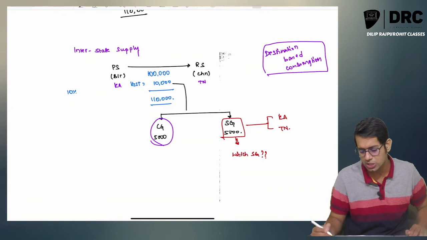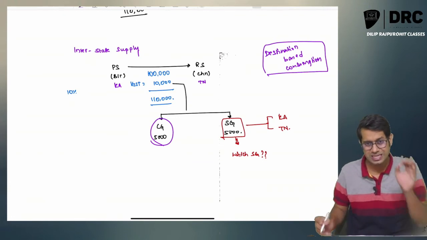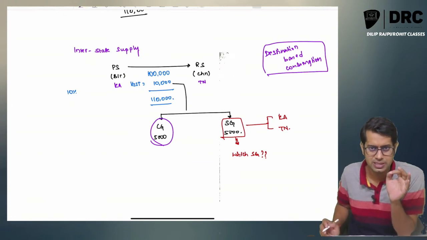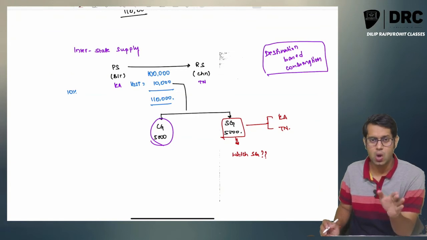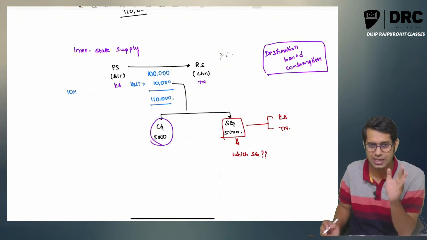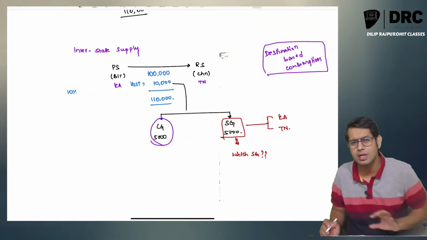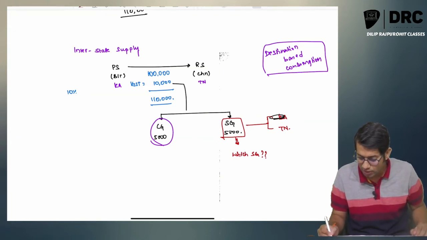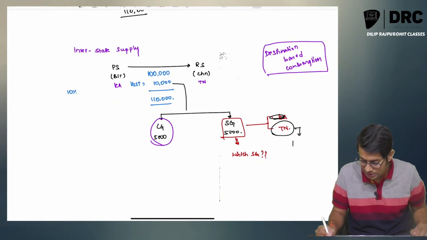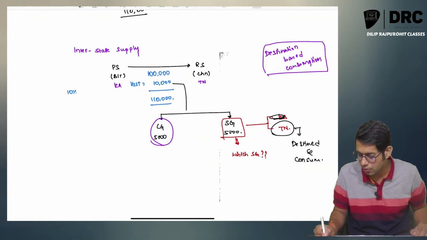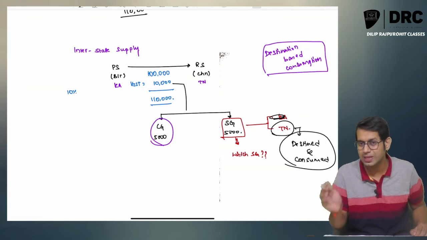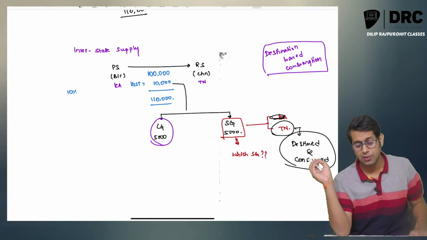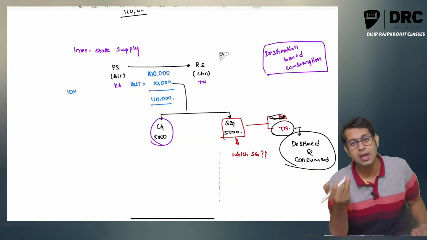What is this destination-based consumption principle, sir? This principle says that in case of IGST, the revenue will be taken by that particular state government where the goods are finally destined and consumed.